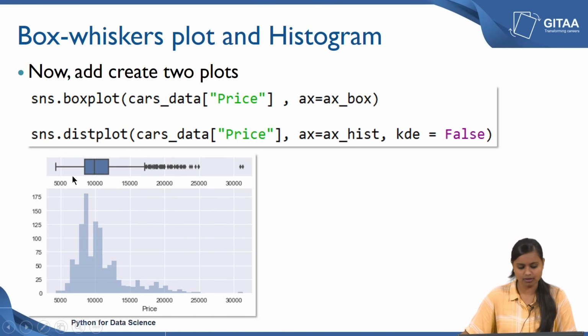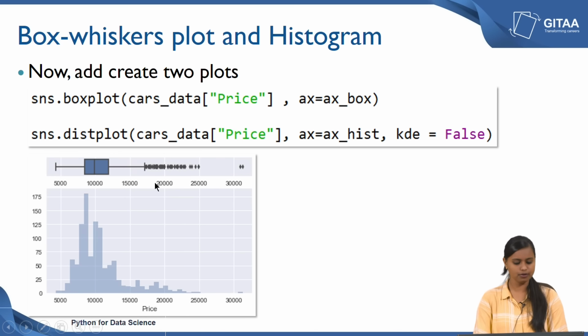So, this is the output for the first command using the box plot. You are getting the box plot for the variable price as well as the histogram for the variable price. So, here is a histogram of price as well as the box plot.